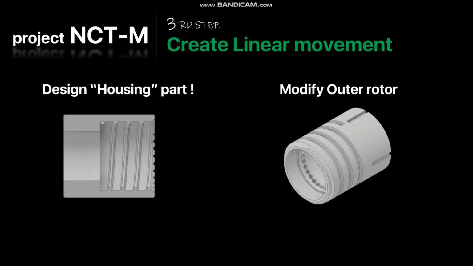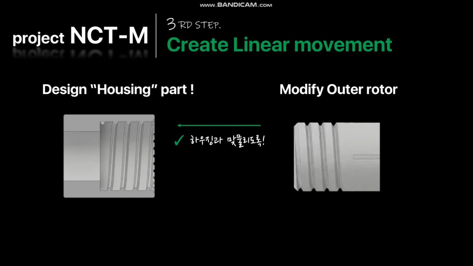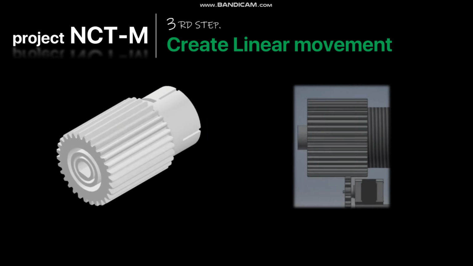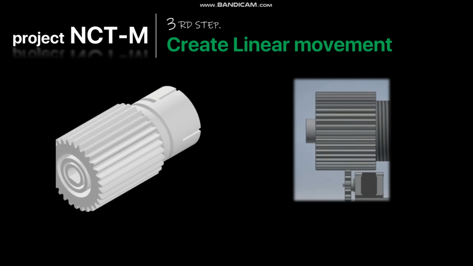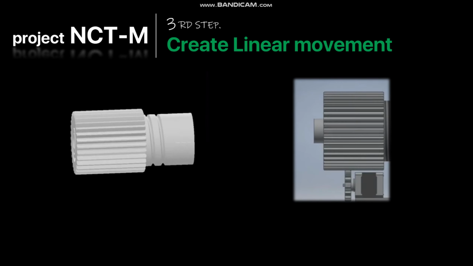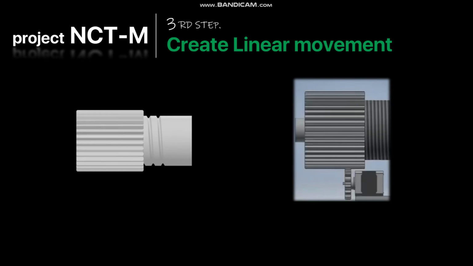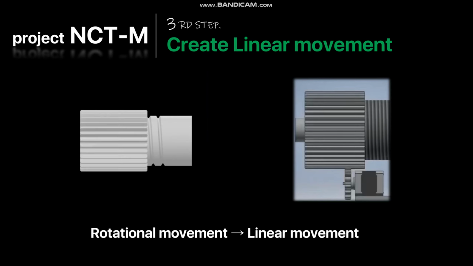We made thread on the outside of this outer rotor so that it matches with the thread of the housing. We added a little step motor to rotate this housing part. In the later part, this step motor will be controlled by Arduino. Anyway, by doing this, when the housing rotates, the inner rotor can move linearly like this.